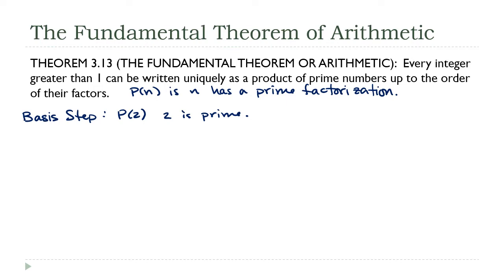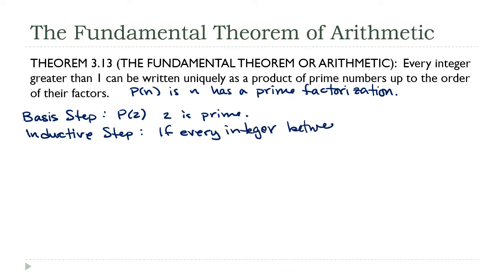All right, so what do we do next? Next we need to do the inductive step. And what's this going to say? This is going to say if every integer between 2 and, I want to be careful, don't reuse a number, right?